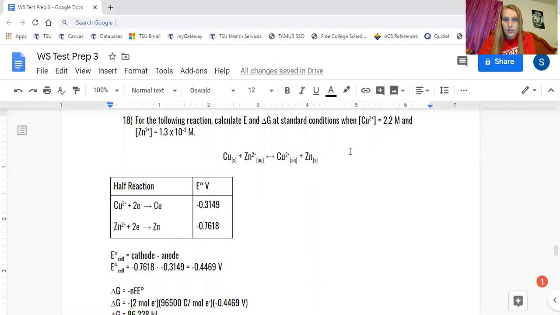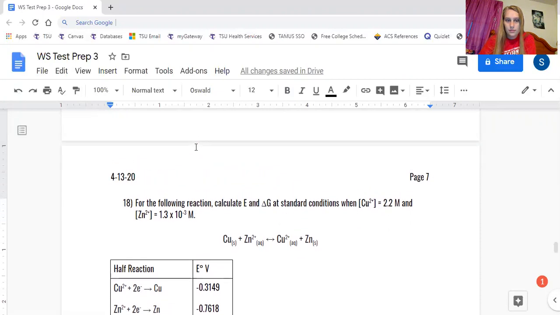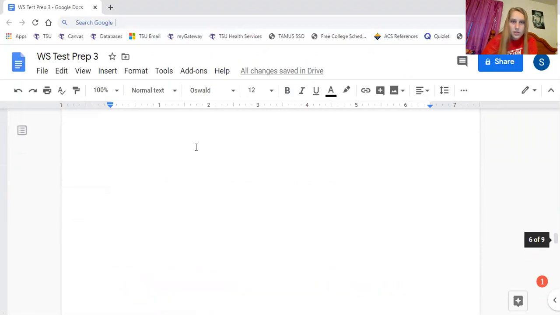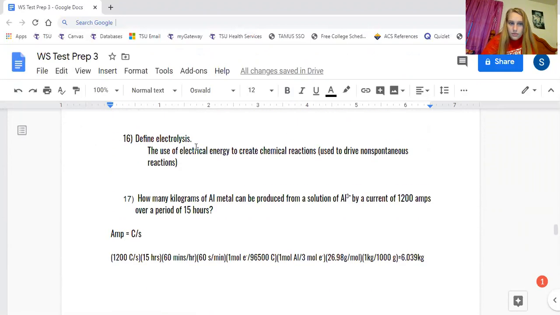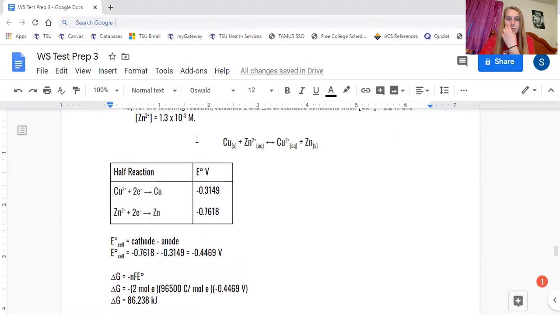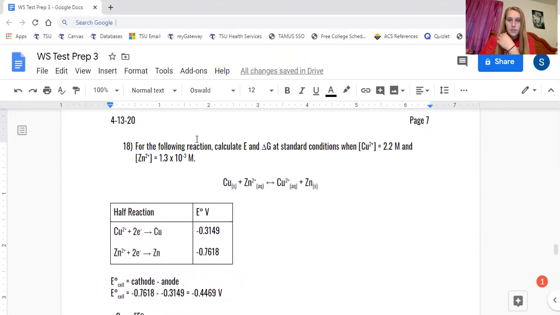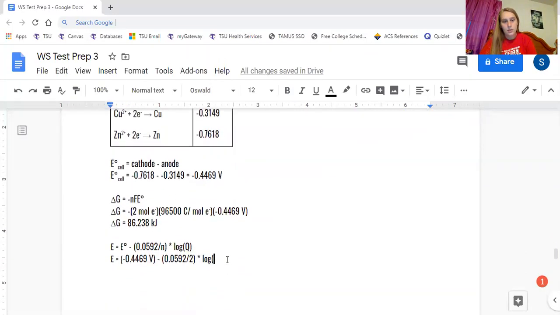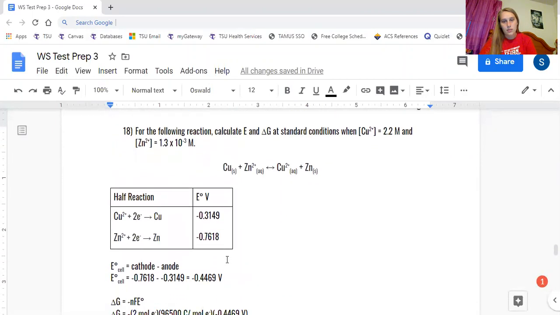So they gave us zinc and copper here. So it's going to be once more the products over the reactants. Oh, that's the reactant. I had that backwards.